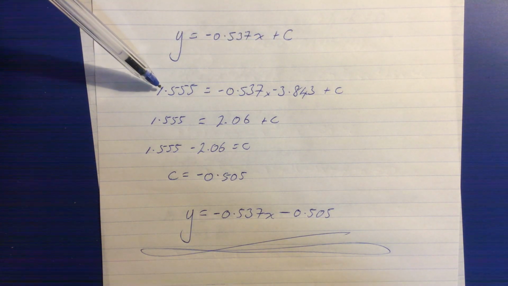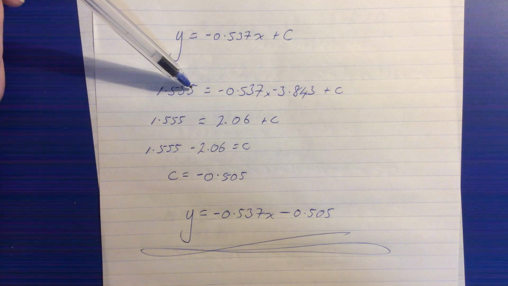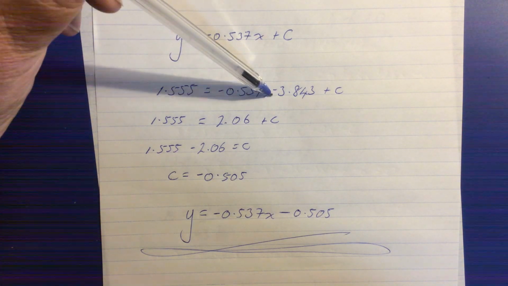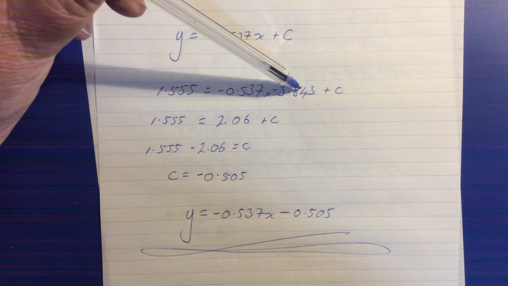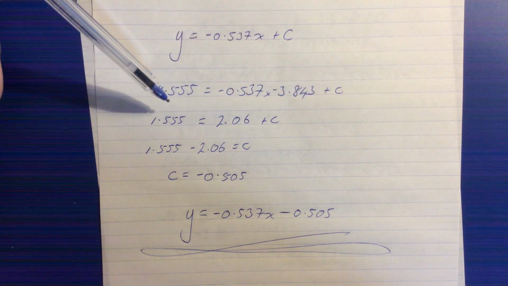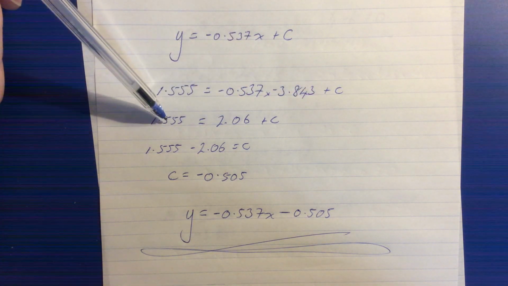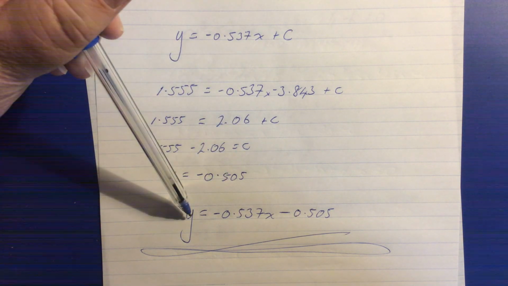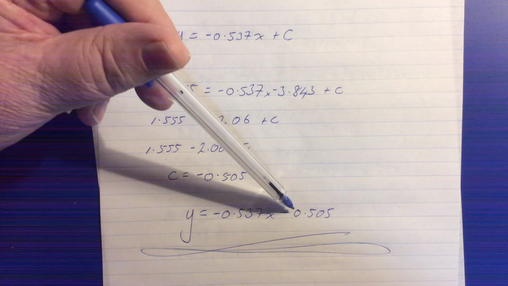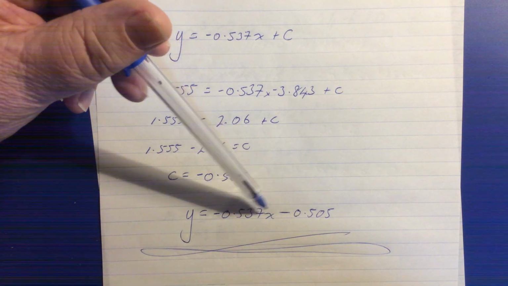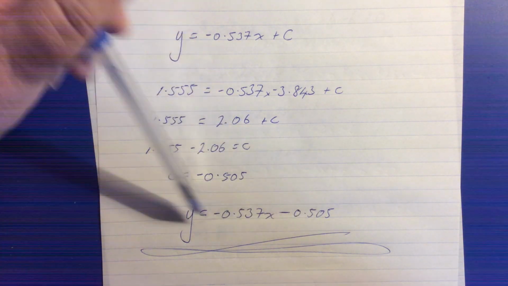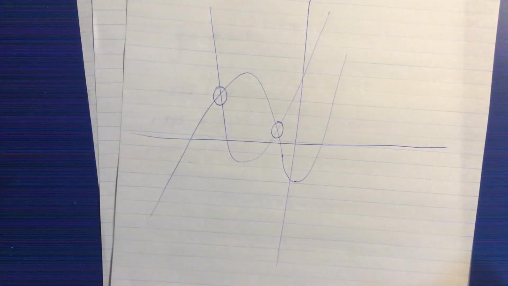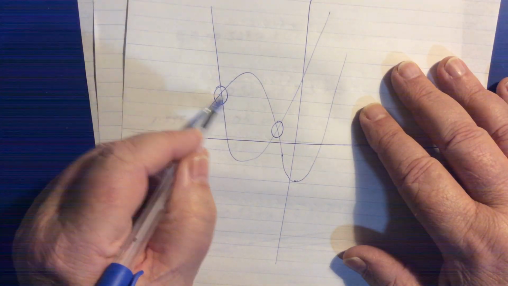Sub in some values, which I have done here: 1.555 is equal to negative 0.537 times negative 3.843 plus c. We can work out c from this, as is fairly obvious here. By the time we've worked out what c is, we have our gradient and our equation. That is the equation connecting these 2 points.